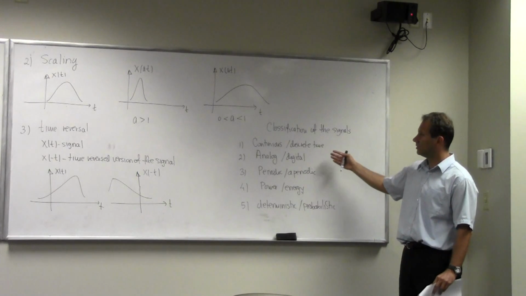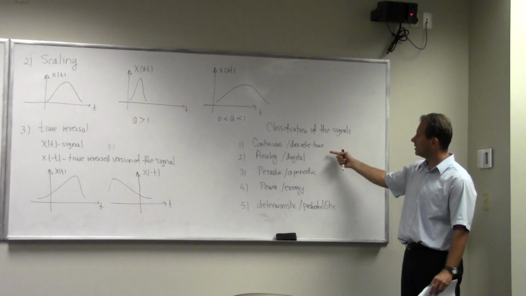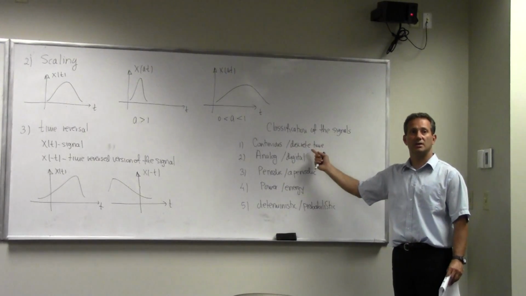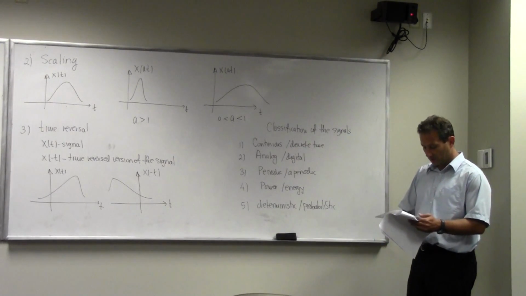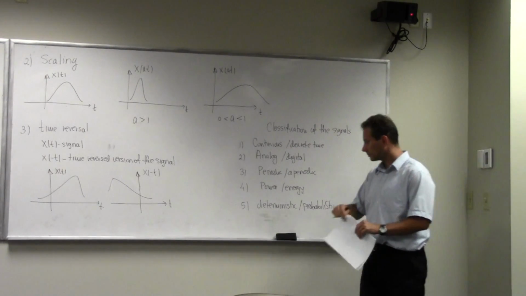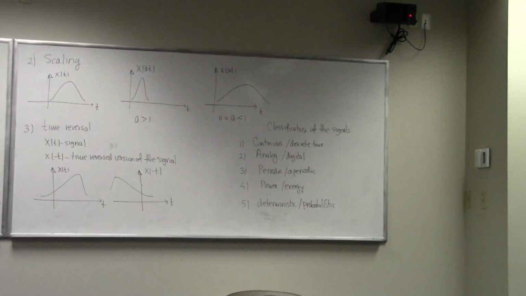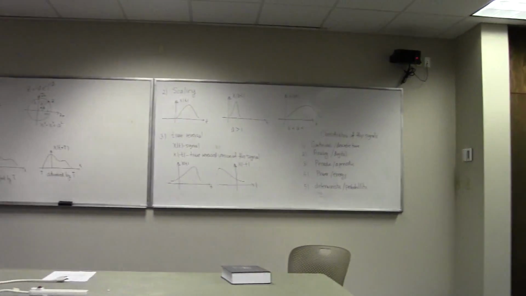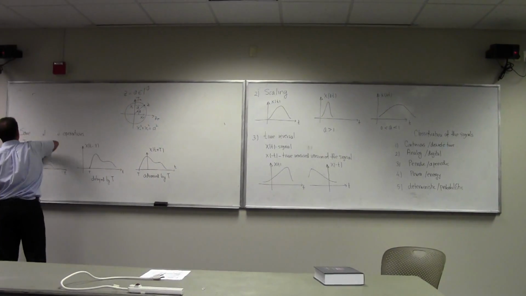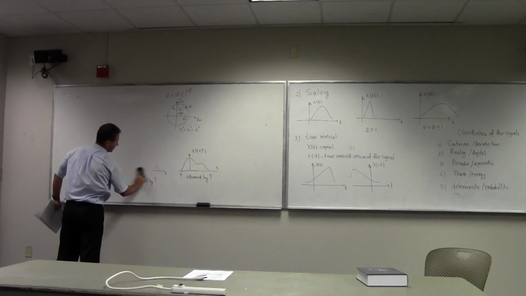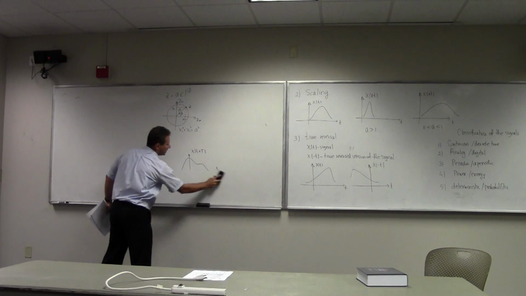So let's use a couple of minutes here to define what we mean when we say continuous versus discrete. What do we mean when we say analog versus digital? So let's take a look at the first classification here, continuous versus discrete. A lot of them are intuitive, but there are often mistakes being made.